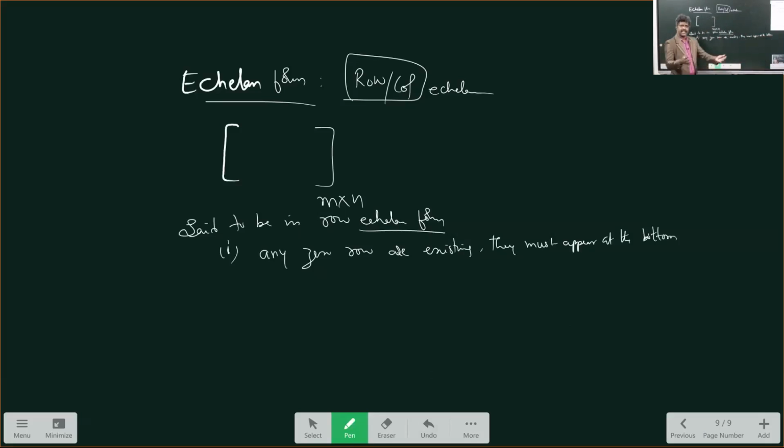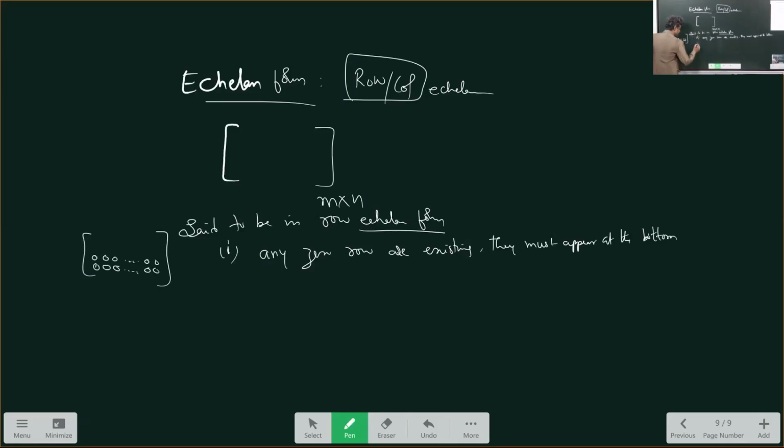Something like if there are any stones in a water bowl, they will be at the bottom, right? So all zero rows should be at the bottom. What is a zero row? All entries in the row are zeros. So they should be at the bottom.